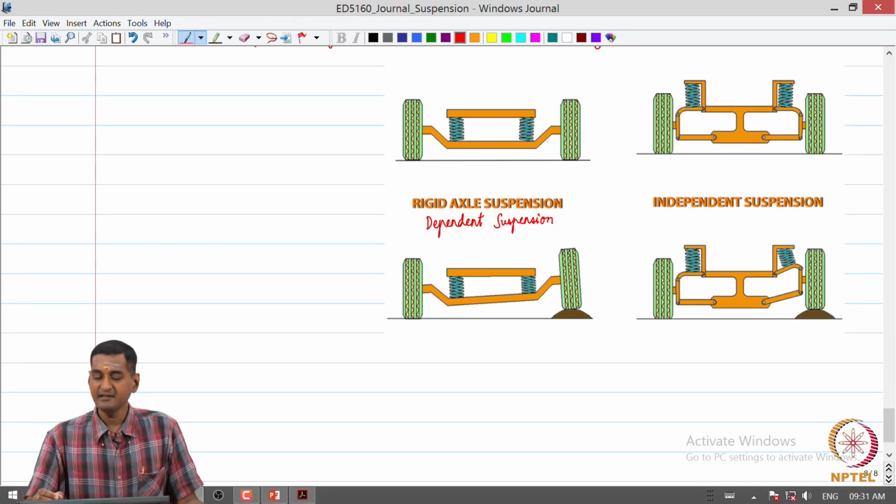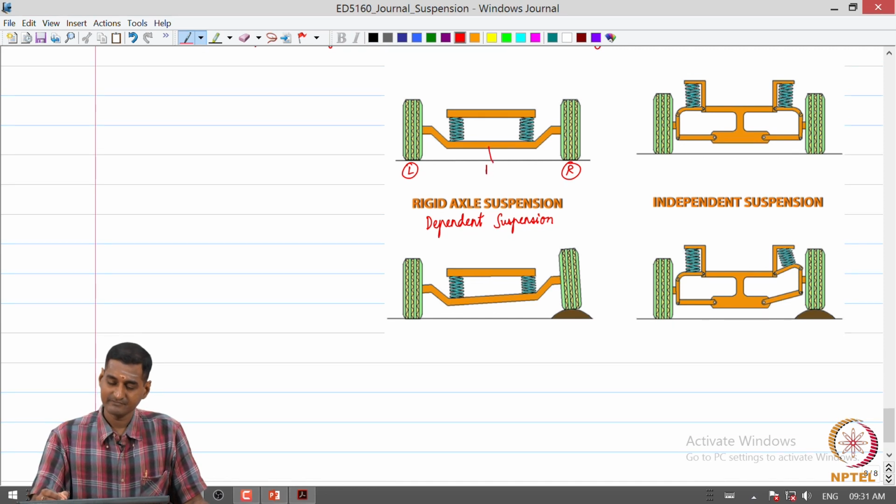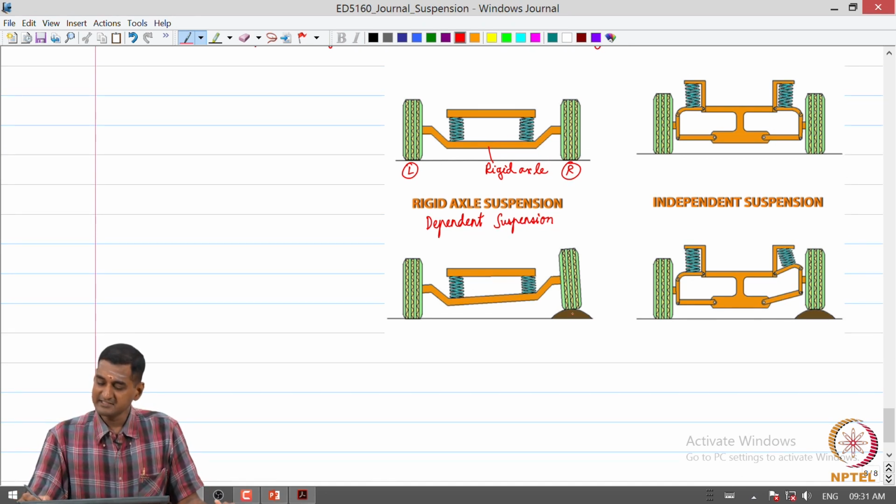As we can see in this schematic indicating the rigid axle or the dependent suspension, the left and the right wheels are connected by means of a rigid axle. So, as a result, if let us say this wheel hits a bump, this wheel is going to travel up.